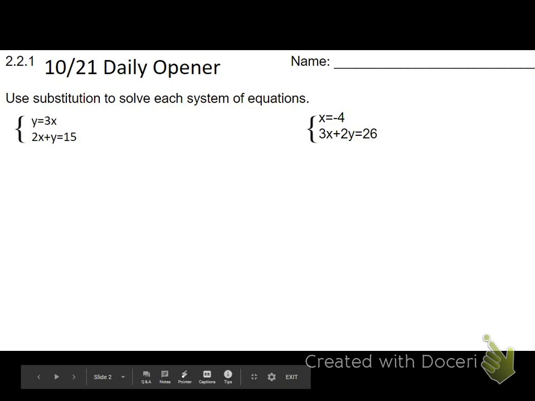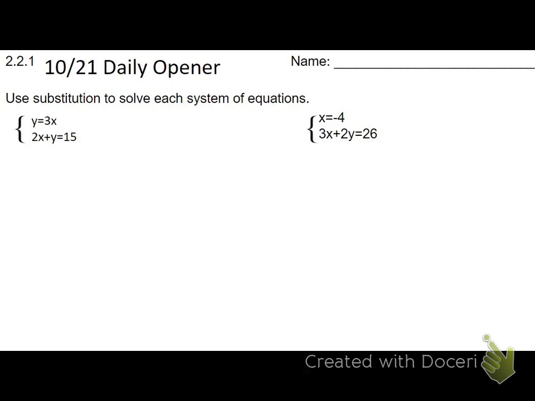Sorry about that. So what we're going to do here, as Josh just told us, is take this x equals negative 4 and substitute it into the equation below. So it's going to be 3 times negative 4 plus 2y equals 26. What variable am I trying to solve for here?